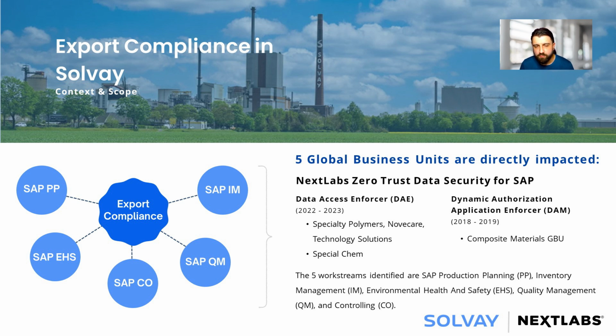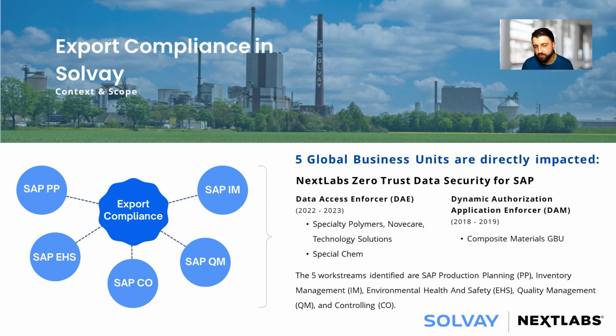Now, talking a little bit about the scope and also the context around export compliance in Solvay, our implementation was really focused on protecting data around products, right? So basically, what is the information that could be used to produce a certain product.